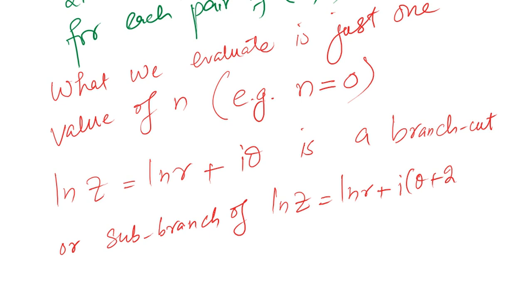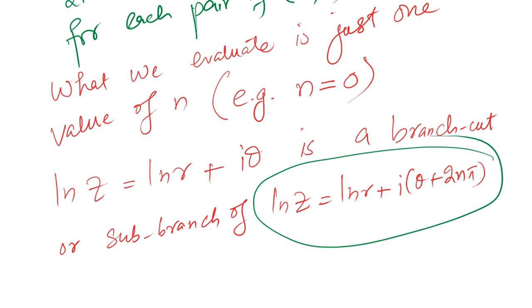So you are always evaluating this kind of a function when you have a log of something. So you are always evaluating some branch of this function, not the whole function. You cannot do that. So that you have to remember always.